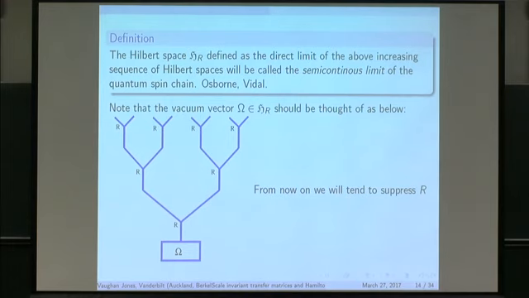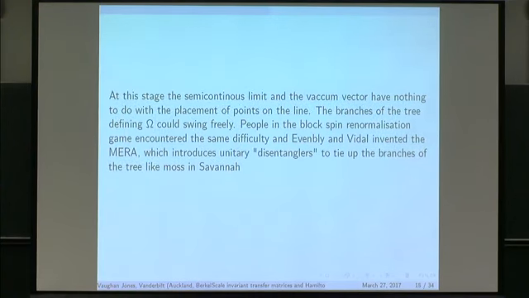From now on, you see we have all these R's. Well, we're going to fix an R, and we're going to suppress R. So this picture would be replaced by a picture without the R's, and they're just implicitly there. There'll be a trivalent vertex, and it's supposed to have an R on it. Now here's the bad thing. At this stage, the semi-continuous limit and the vacuum vector have nothing to do with the placement of the points on the line.